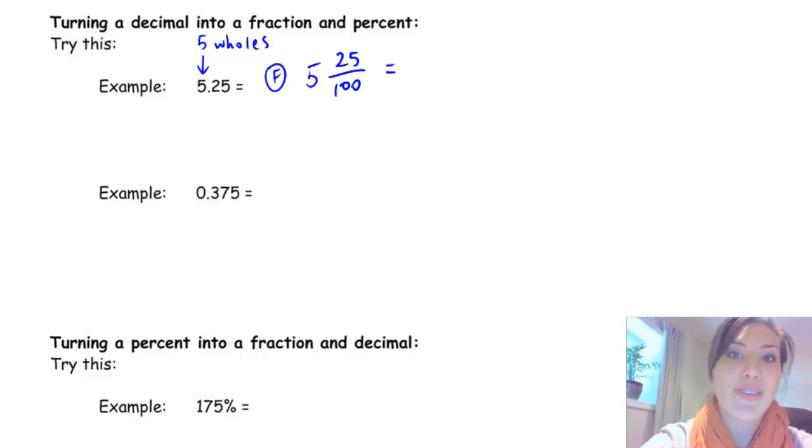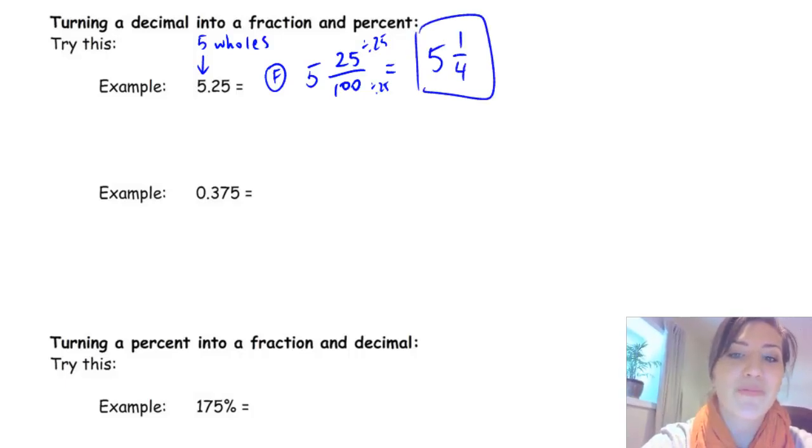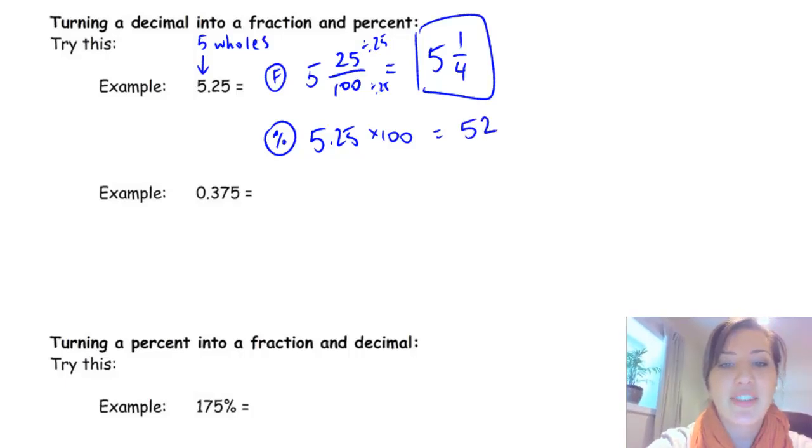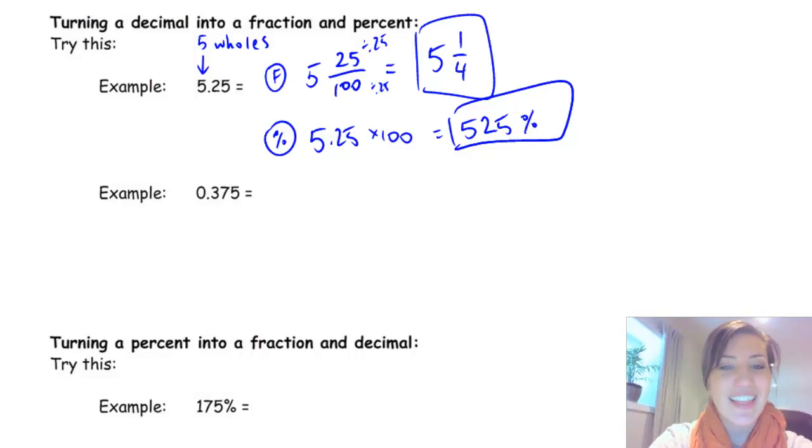Or can we reduce this? Yes, we can. Both can be divided by 25, and it gives us 5 1/4. As a percent, we just take our decimal, 5.25, and times it by 100, and that gives us 525%. Great.